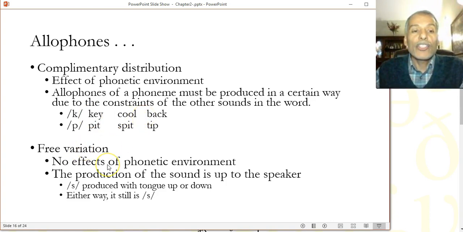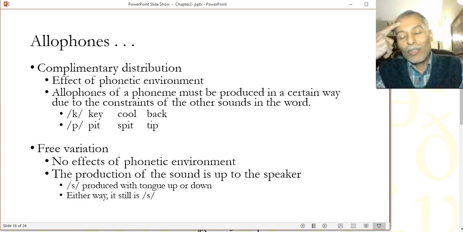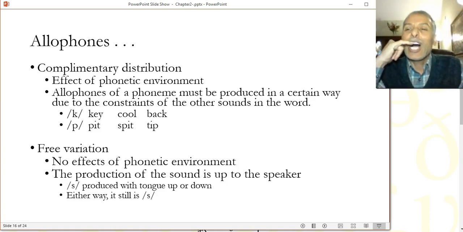But free variation basically is the production of the same sound by two different people in different ways. So you can say, for example, say it, and think about how you are making it. Is your tongue behind the upper front teeth, or is it behind the lower front teeth?